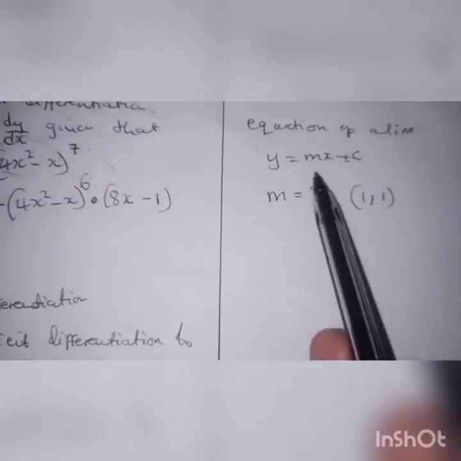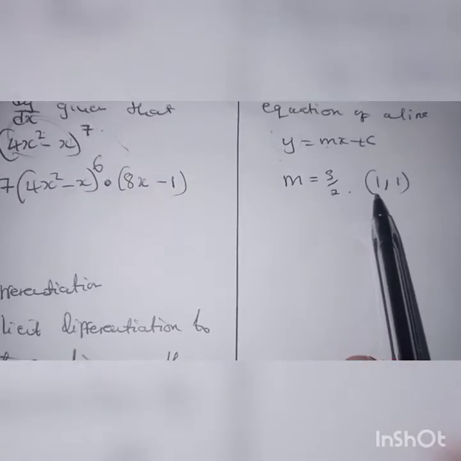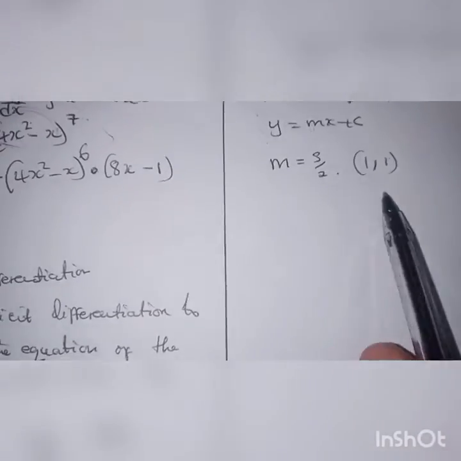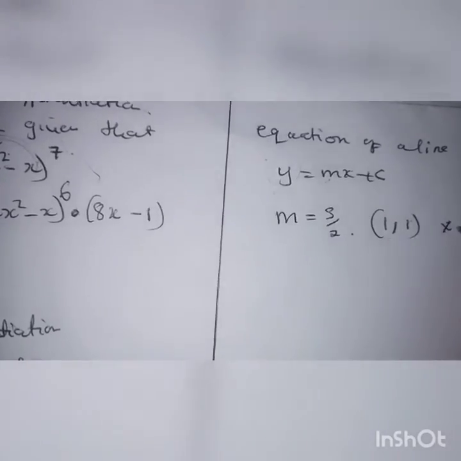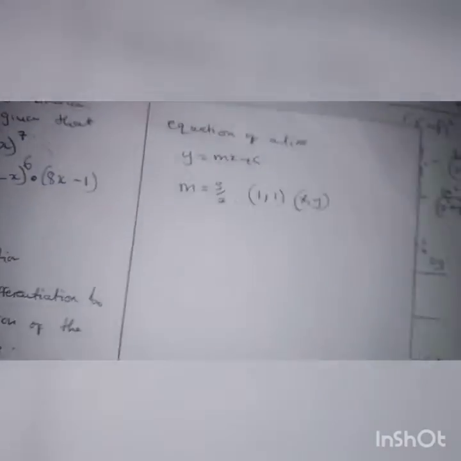If we have a gradient and a single point, then it is possible to obtain the equation of a line by adding another point, assuming it is x, y.